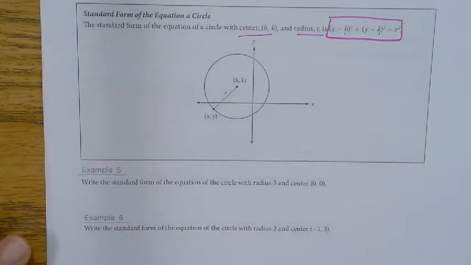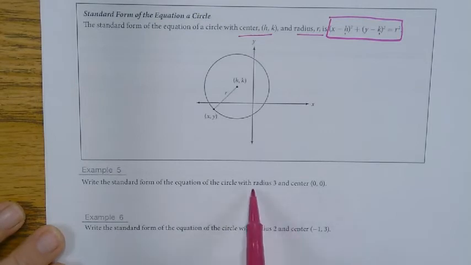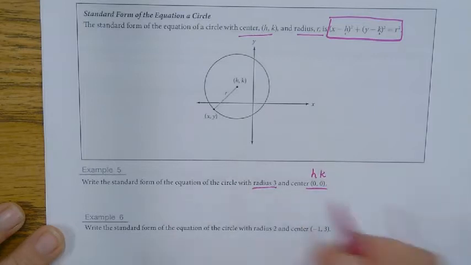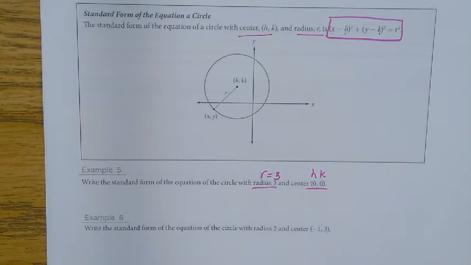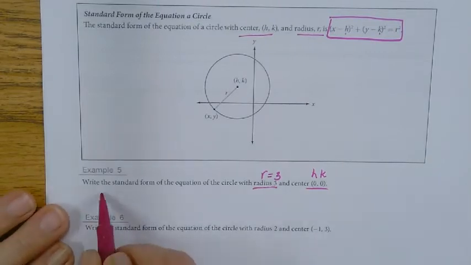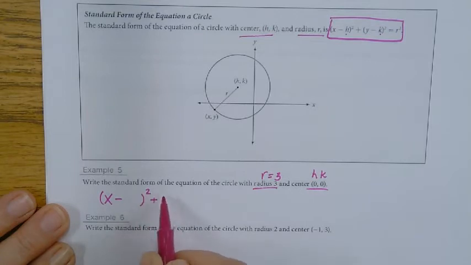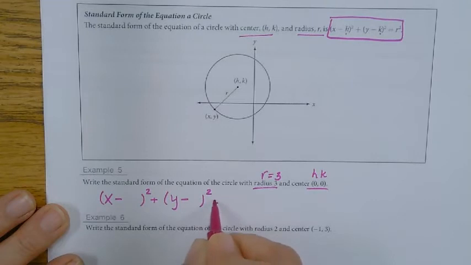Let's look at a couple problems here real quick and see what our work might look like. What is the standard form of the equation of the circle with a radius of 3 and a center of 0? So that means HK is 0, R is 3. It's really just taking things and plugging them in. I'm just writing the template of it. This is what always stays the same.